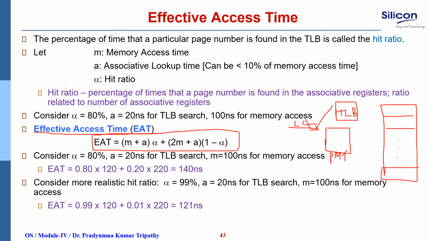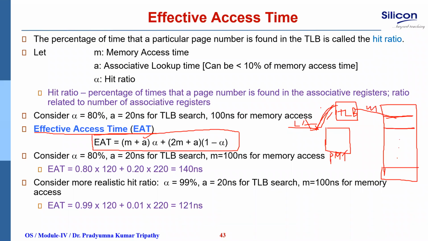Now tell me how much time it will take. First, just look over here. First it searches in the TLB, so this amount of time will be added or not? How much time is it? This is A. If it is found over here, then it will go to memory for accessing the data. What amount of time will it take?